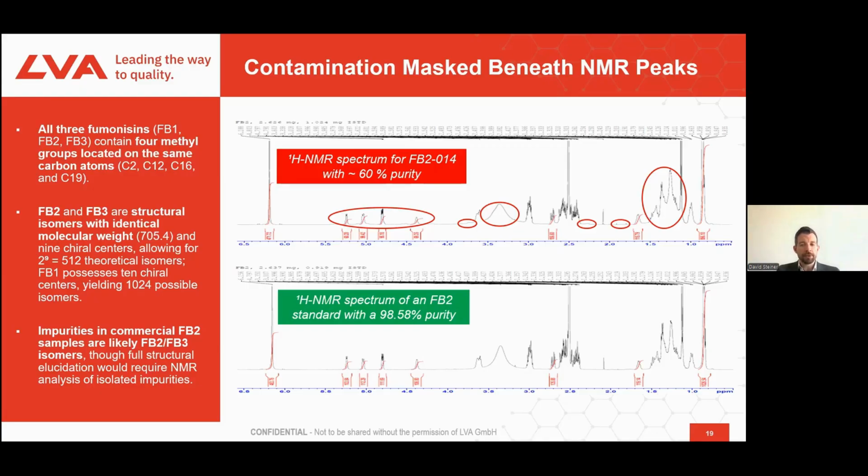This makes them extremely difficult to distinguish analytically and also difficult to fully separate during the purification. So it is very likely that the impurity we observed originates from the fumonisin family itself, which explains why it was not easily detected in the initial analysis.